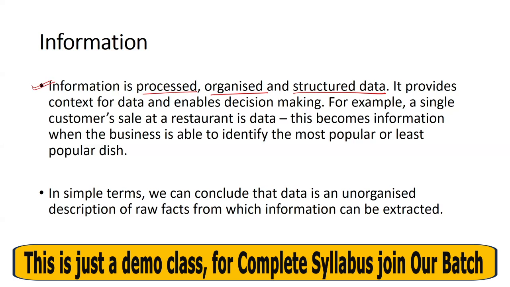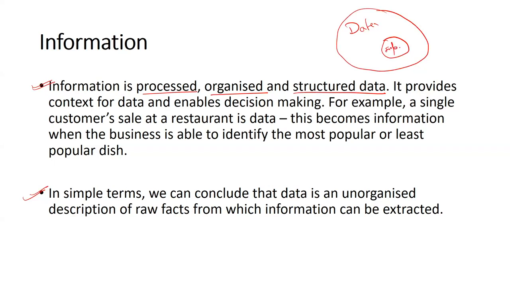In simple terms, we can conclude that data is an unorganized description of raw facts from which information can be extracted. So, data and information are similar things. Data is a superset and information is a subset, right? Data is a superset and information is a subset.